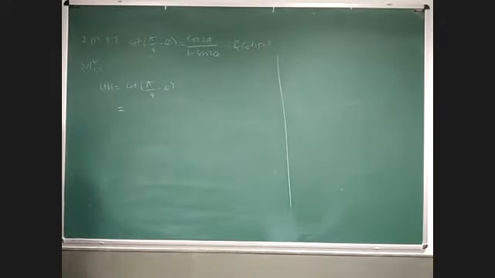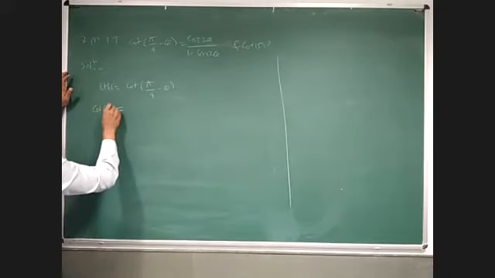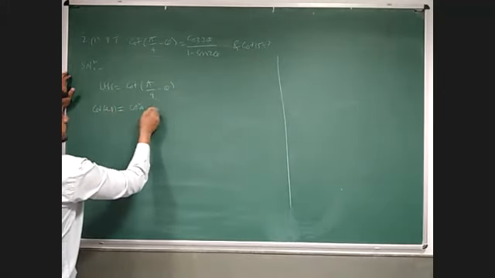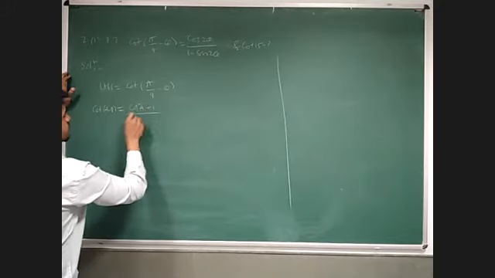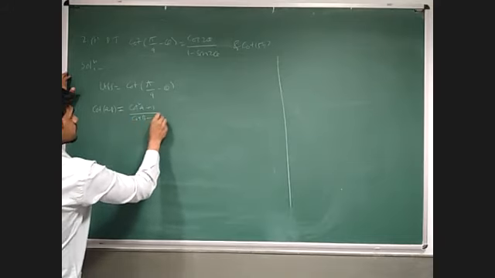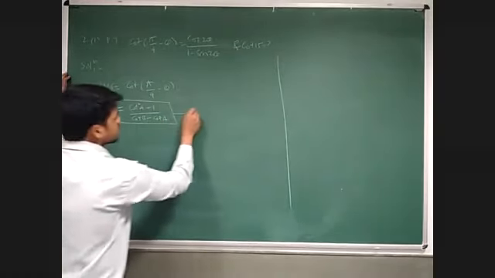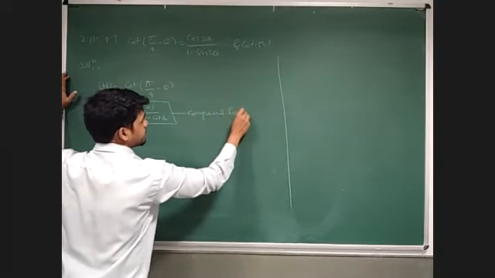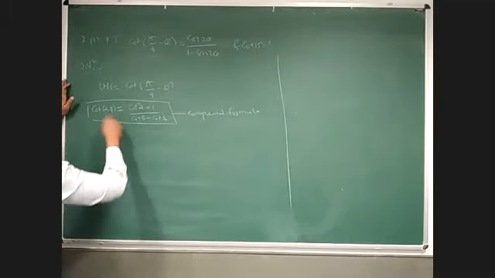I know one formula, the compound angle formula: cot(a minus b) equals (cot a cot b plus 1) over (cot b minus cot a). This is called the compound angle formula.